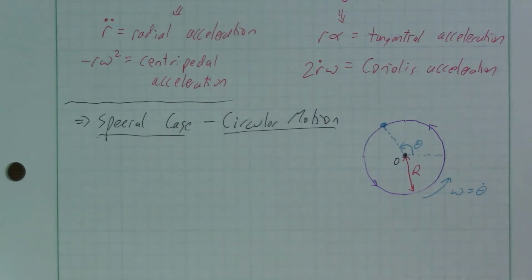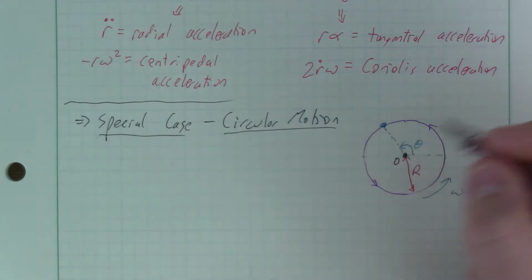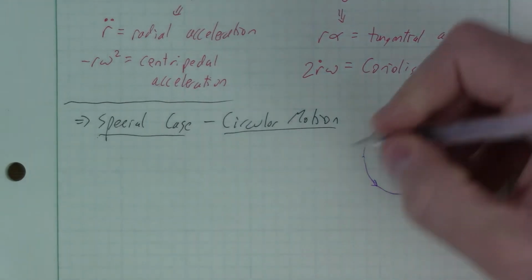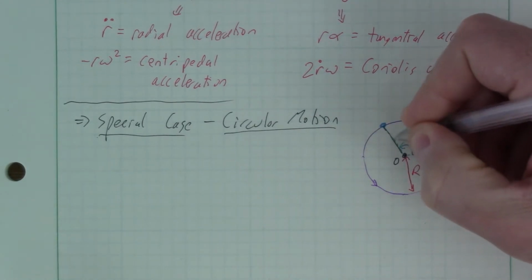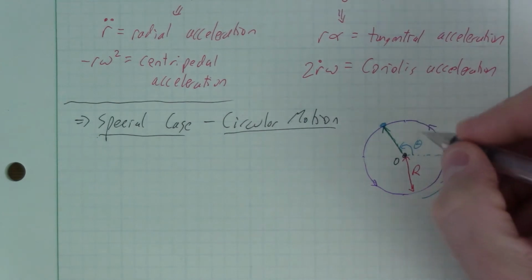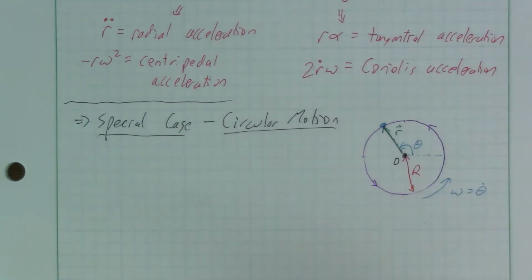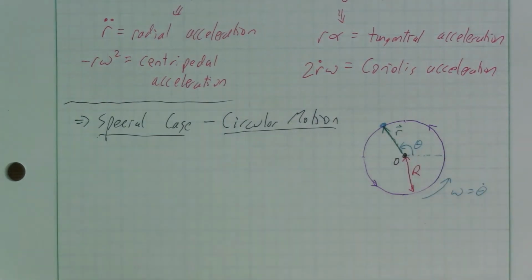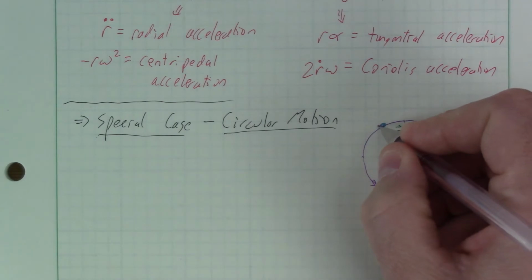Okay. So at our point, let's do it this way. This is our position vector at this time, right? The magnitude of that is always r, but the direction part of the vector is always changing.